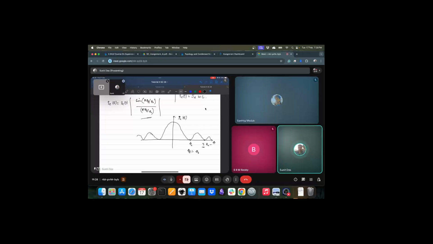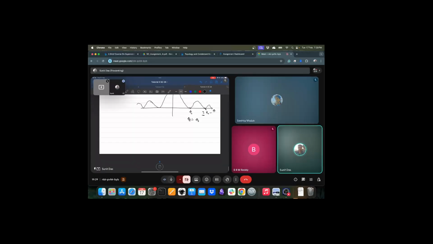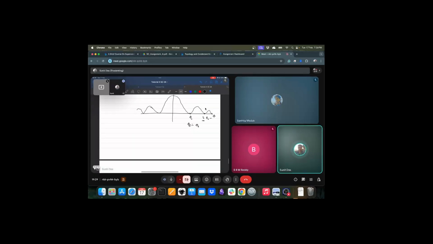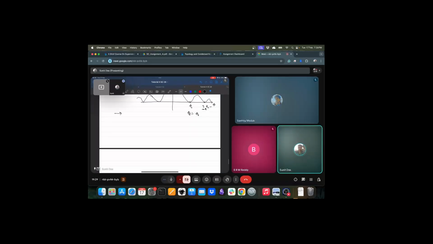So this is one of the key principles by which you can determine the magnetic field. You can actually detect where the minima comes. Meaning, suppose in some region we have some magnetic field applied, and you take the Josephson junction there.